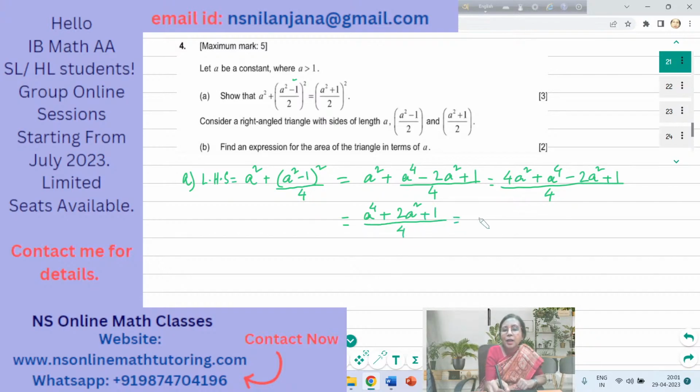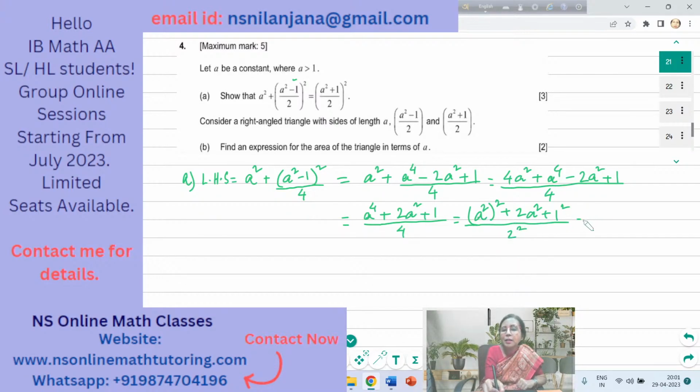This is what? This is nothing but (A square) whole square plus 2A square plus 1 square over 2 square. Okay?